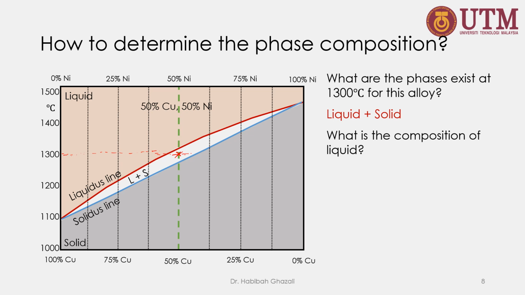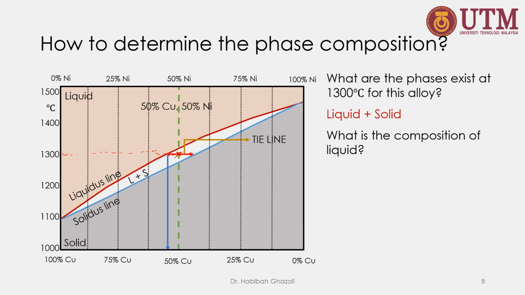So we want to know what is the composition of the liquid at that point. The way to do this is to draw this tie line here. This tie line, you draw horizontally, passing through your liquidus and the solidus line. So for the liquid composition, you need to draw a line from the composition axis passing through the liquidus line.